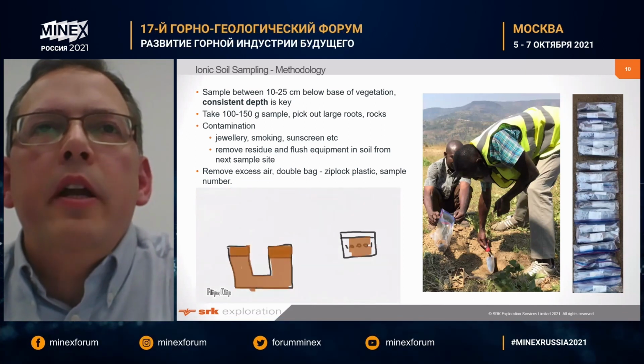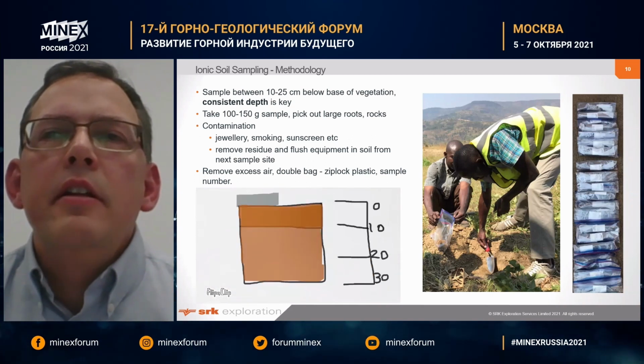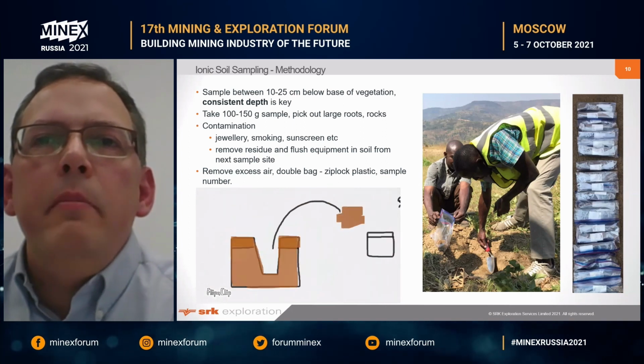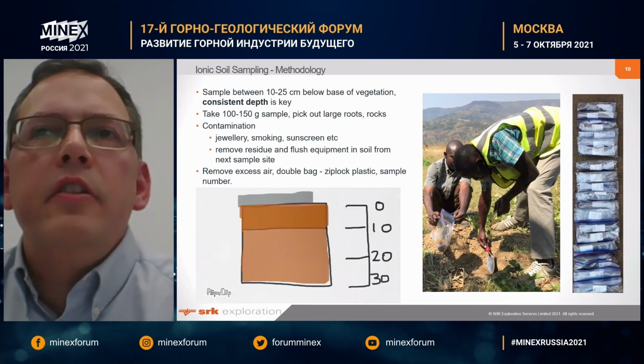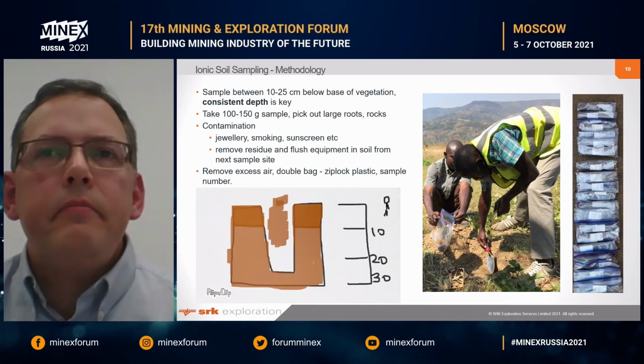The sample, between 100 and 150 grams, is extracted and put into a Ziploc bag and then sent off immediately for analysis. No preparation is required. So there's no crushing or screening or anything like that.